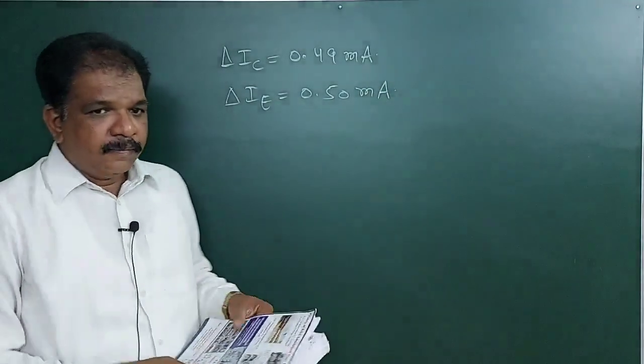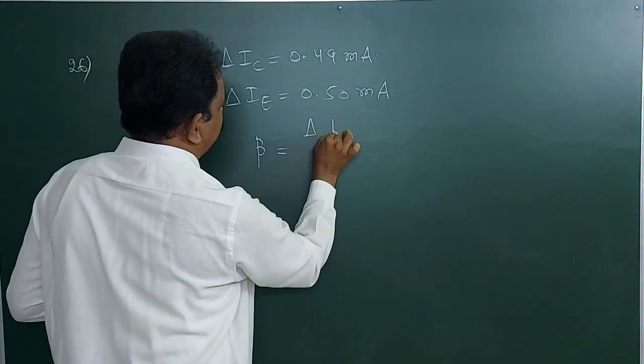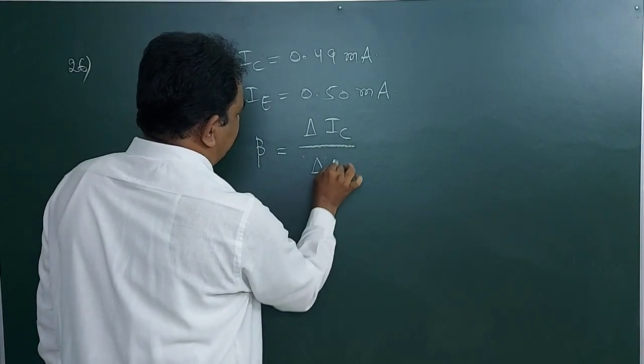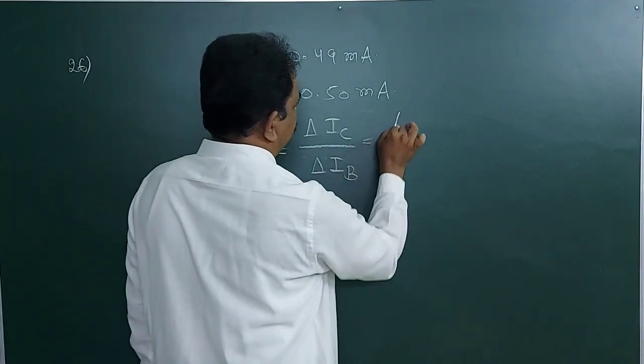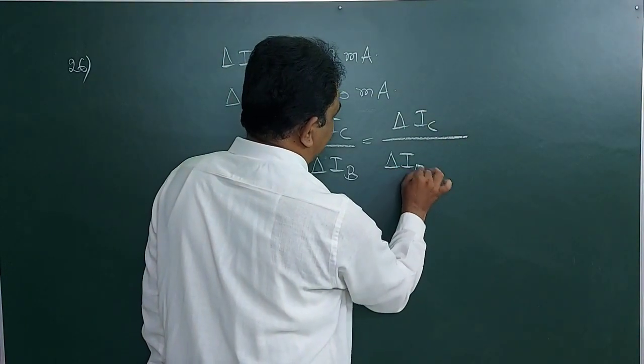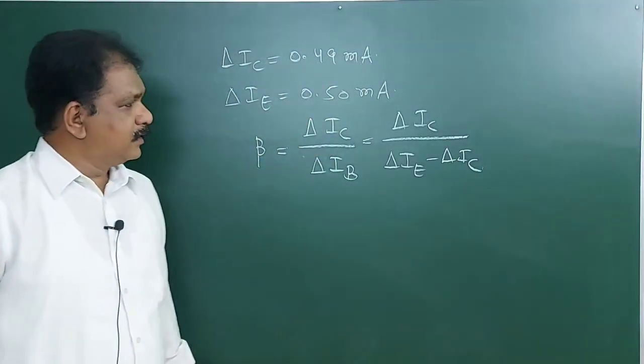Current gain beta is equal to delta IC by delta IB, which is delta IC by delta IE minus delta IC.